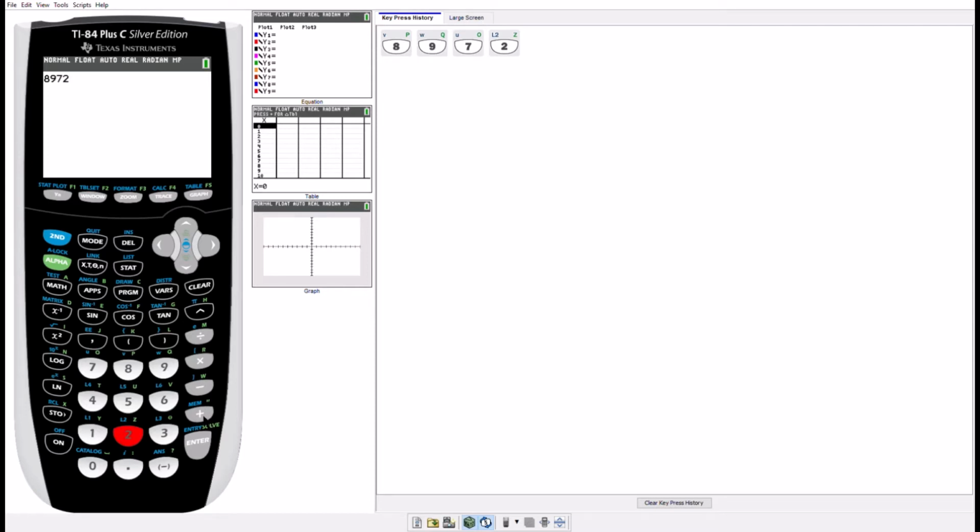There's plus keys and minus keys. There's also multiplication and division, so you could add, or you could subtract, or multiply, or divide.